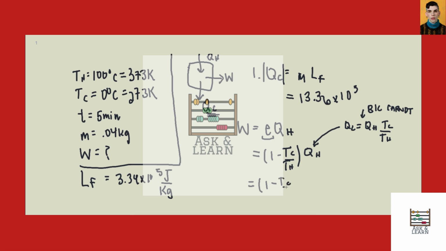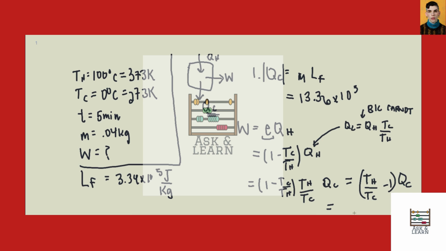That means QH is equal to T hot over T cold times QC. If you distribute that to simplify, you get T hot over T cold minus 1, times QC.